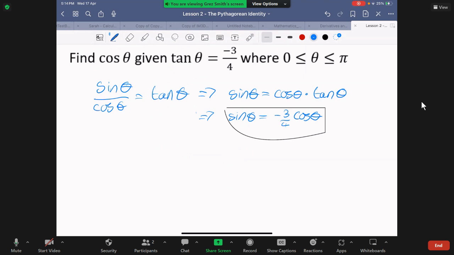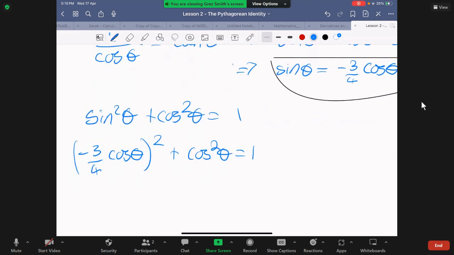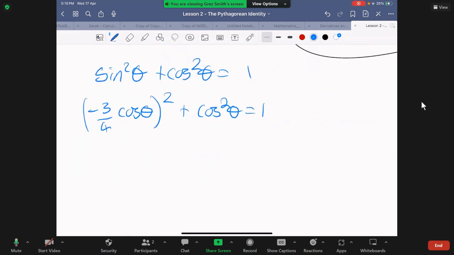Okay, so from sine squared theta plus cos squared theta equals 1, inserting everything that we've got, we can say that (minus 3 over 4 cos theta) all squared plus the cosine squared of theta equals 1. Expanding that, we are going to get 9 over 16 cos squared theta plus 1 cos squared theta equals 1.